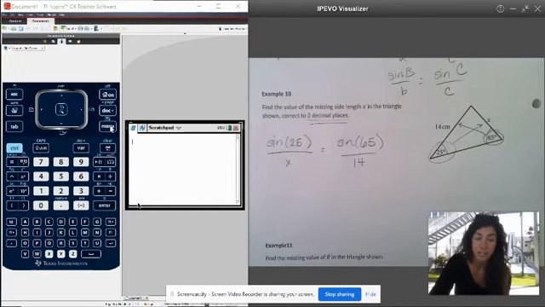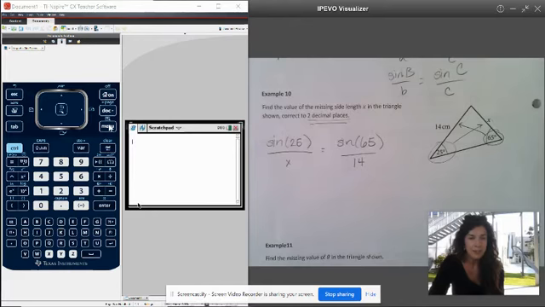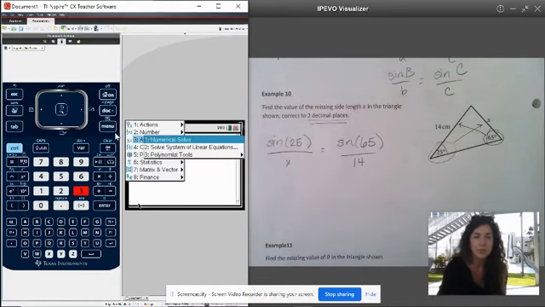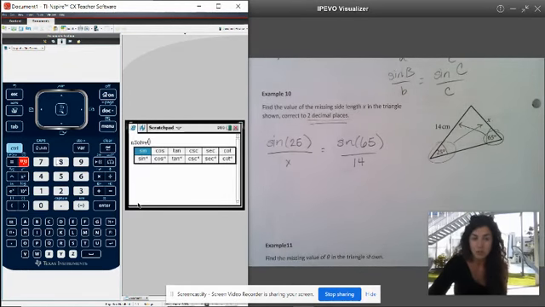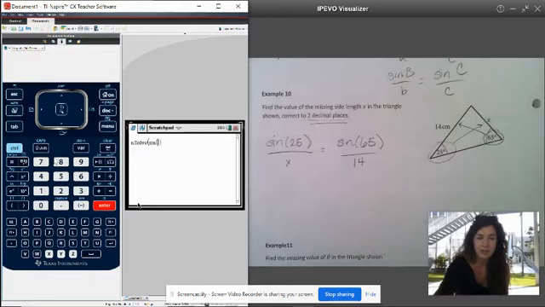If you keep forgetting how to use numerical solve on your TI-Nspire, it is menu, 3, 1, and there you go. You can type this in. Make sure to use your trig button on your calculator: sine of 25 divided by x equals sine of 65 divided by 14.